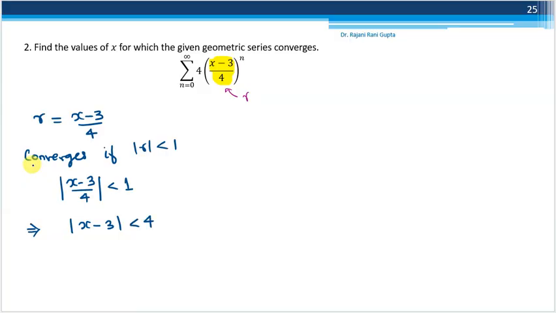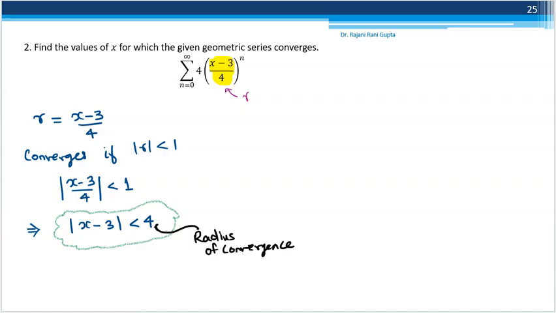Now, here I'd like to tell you one more result. Whenever you get the inequality in this form, it tells you two things. First, this value tells you the radius of convergence of this power series.